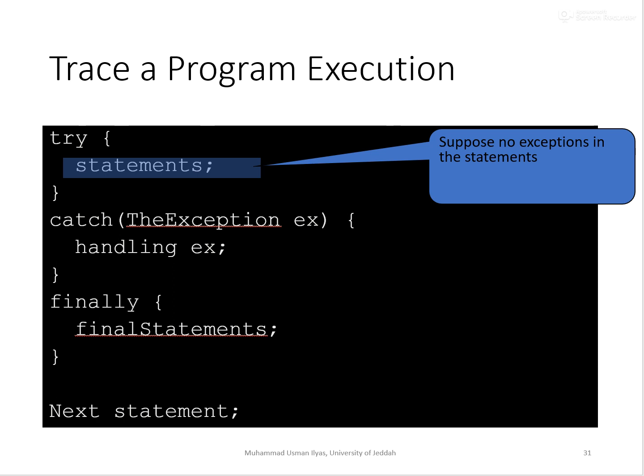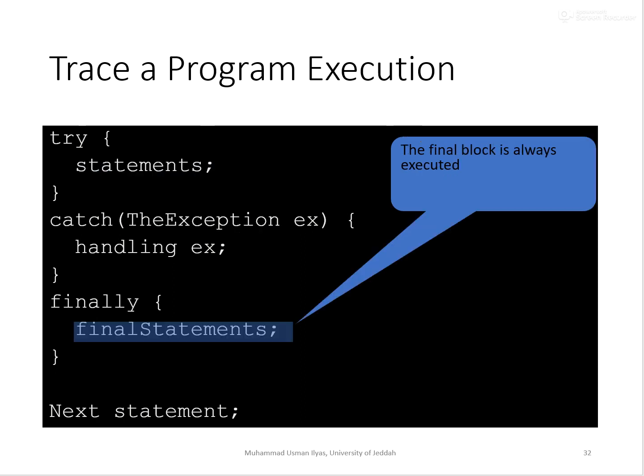So let me show you how execution would proceed if we have a try block and no exception is thrown by any of the statements in it. In that case, after all the statements in the try block are completed, execution will continue in the finally block.